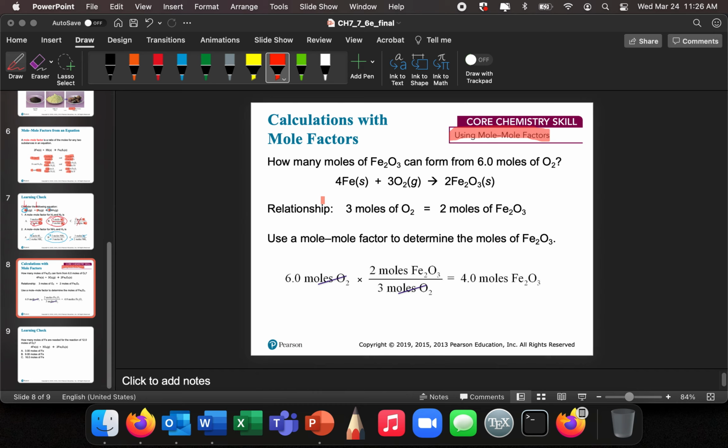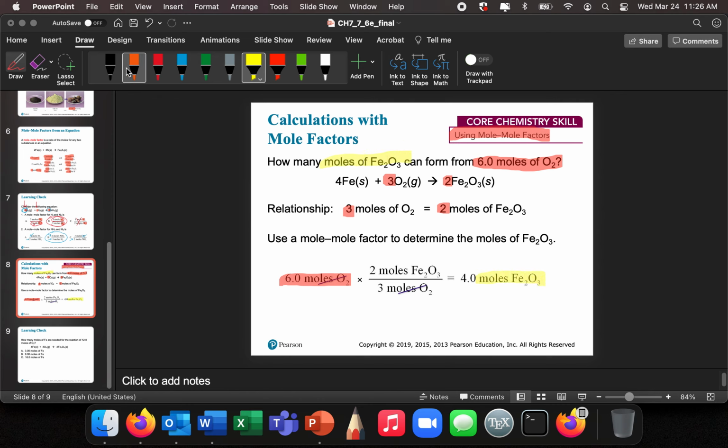Okay, so what we're going to do is take our relationship. It looks like it's 3 moles of O2 for every 2 moles of iron(III) oxide, right? So it's going to be 3 to 2. Got that. Now we're going to have to set up a conversion factor. We were given 6 moles of oxygen, so there's our given right there. And we were asked for moles of iron(III) oxide, so we have that there.